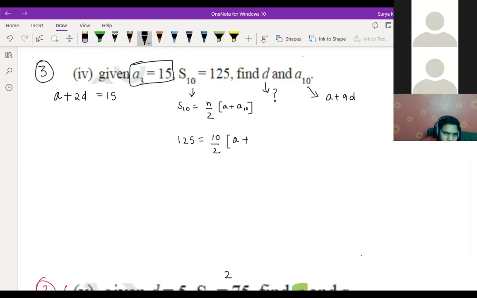A plus A10 also we don't know. So A plus A10 is equal to 125 into 2 divided by 10. 2 5s are 10. 5 25s are this one. A plus A10 is equal to what you're getting? 25. Correct?